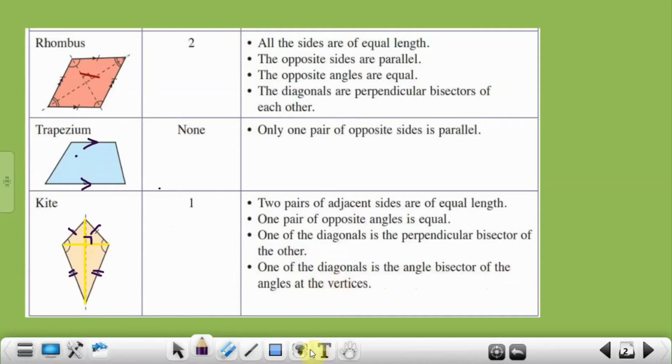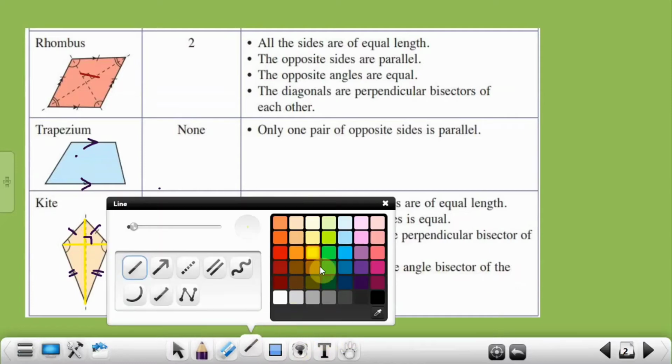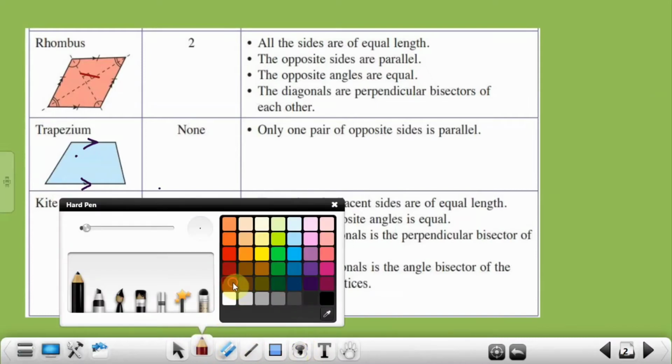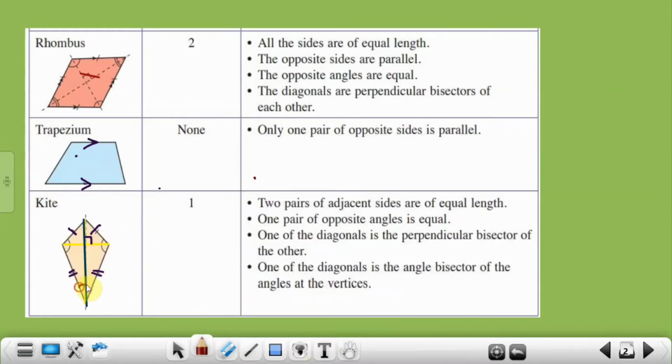And which diagonal is that? Okay, maksudnya di sini, this diagonal, it will bisect this angle into two equal parts, and also this angle. So that is what we call angle bisector at the vertices.